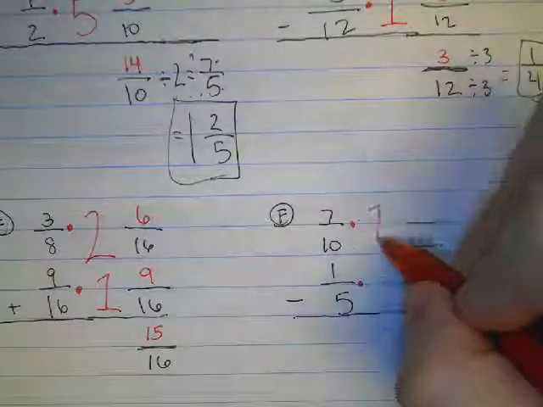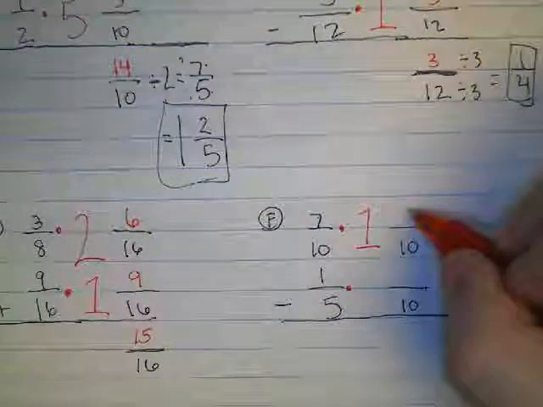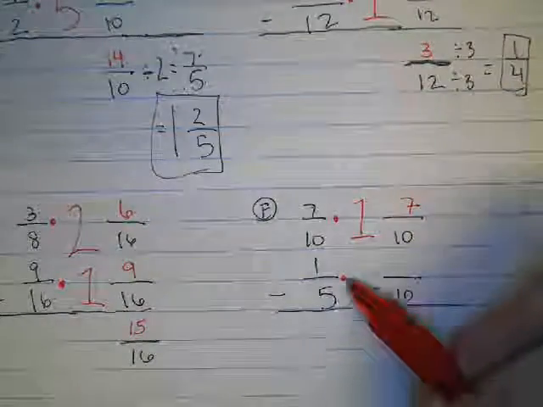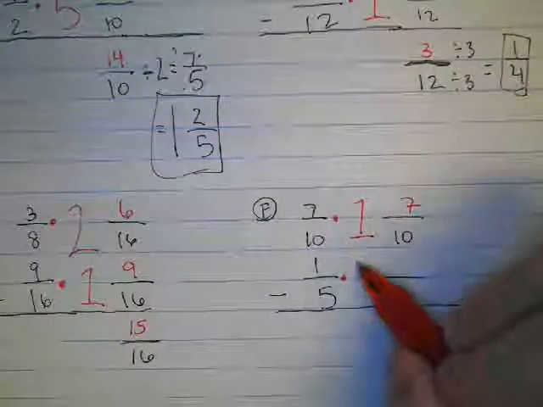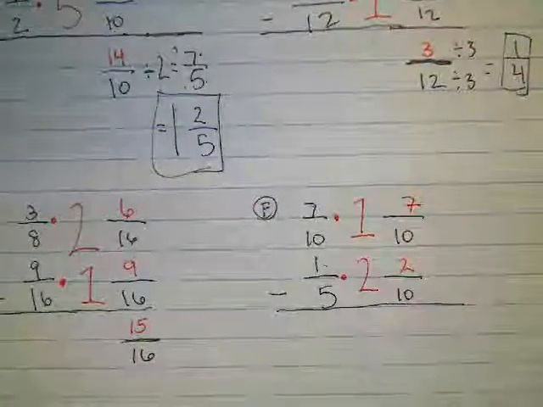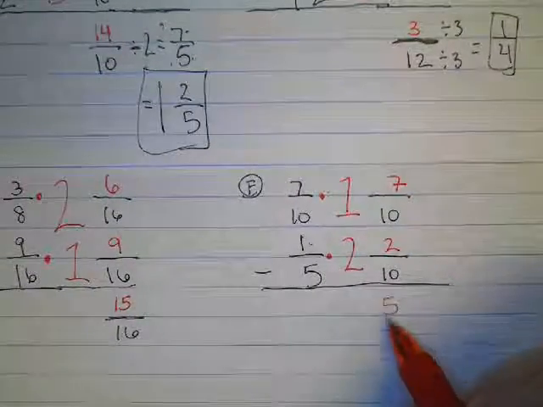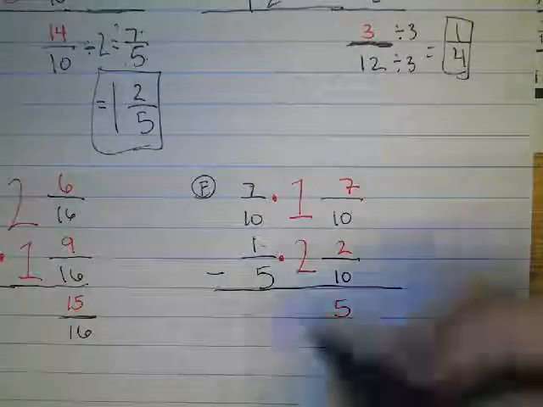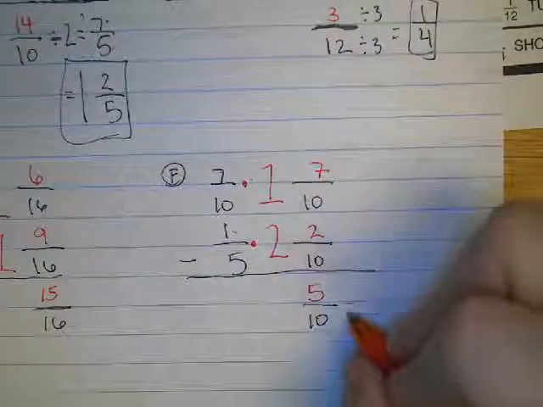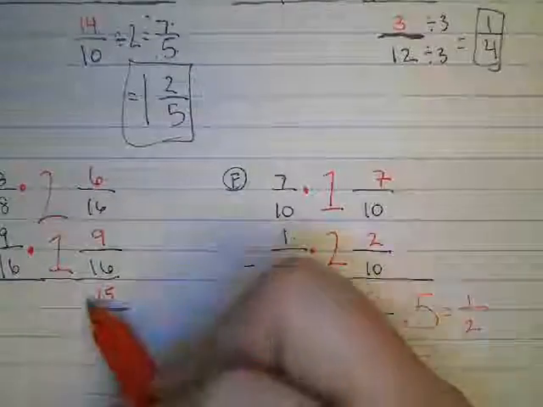Well, 10 times 1 equals 10. Then I do my 7 times 1 and I get 7. Now I'll do 5 times what equals 10. 5 times 2 equals 10. So 1 times 2 is 2. Now we subtract. 7 minus 2 is 5, and my denominator stays the same. I can simplify this one by dividing them both by 5, and that will equal 1/2. So there's my answer.